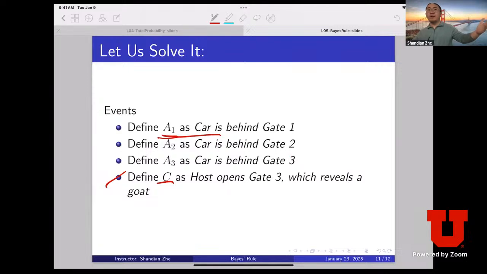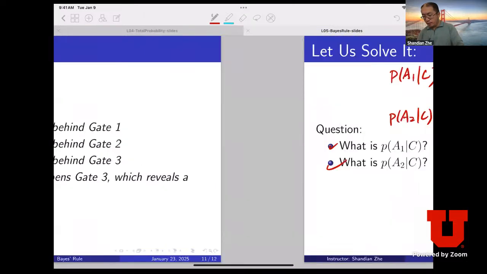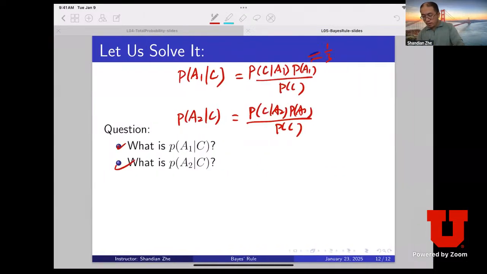That means before we say anything, the probability the car is behind gate 1 is 1/3. And then the question is, what is the conditional probability of C given A1? Meaning that given the car is behind gate 1, what's the probability that the host will open gate 3?